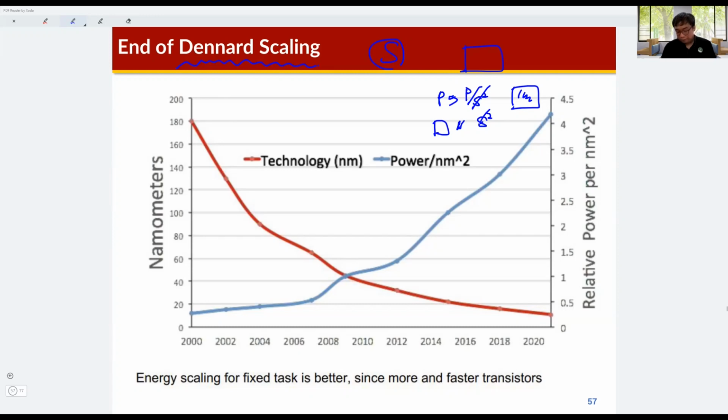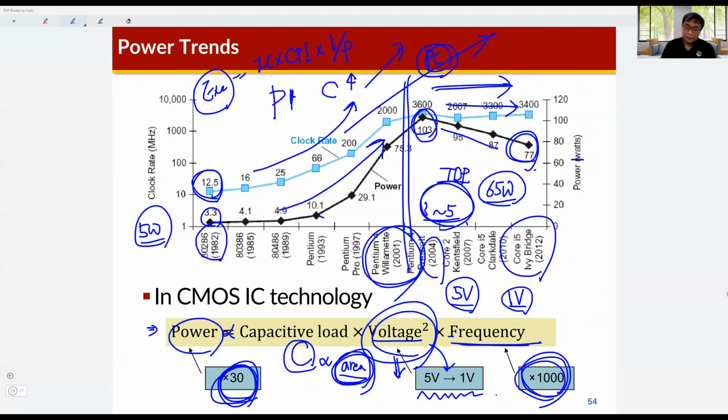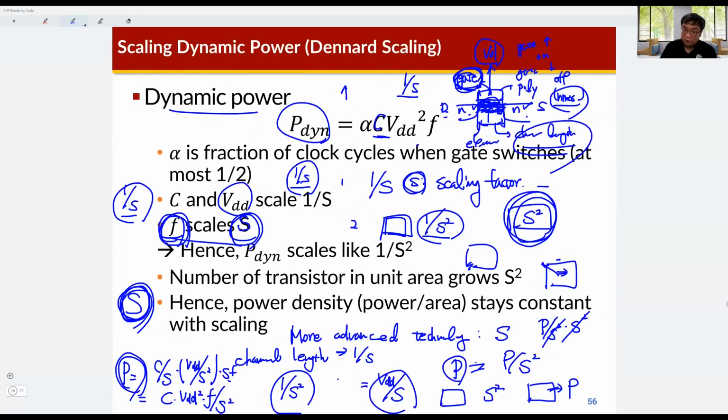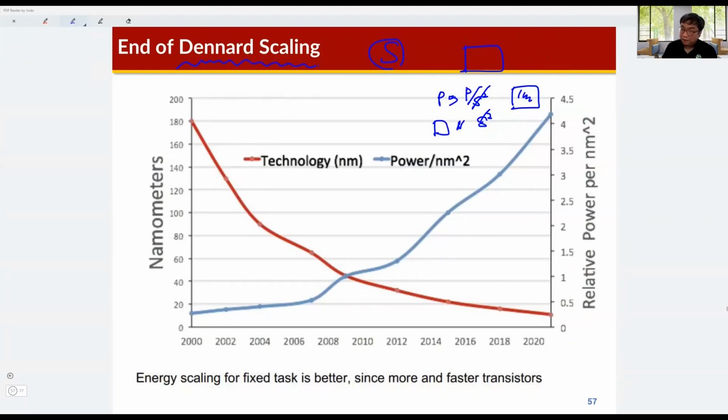So actually until 2000, Dennard scaling is maintained, so we can increase the performance of a processor without any additional power consumption. But recently, the Dennard scaling is not maintained, so that means if we include more transistors, then our chip, that means the CPU, will consume much more power.